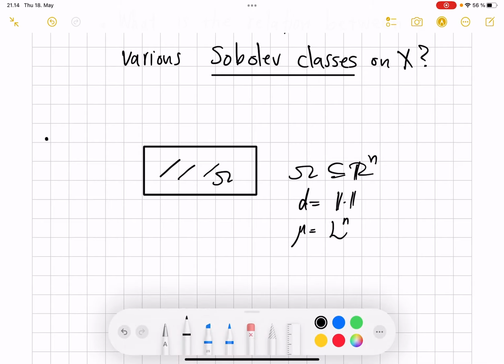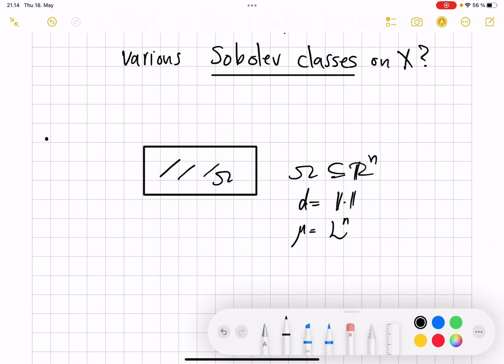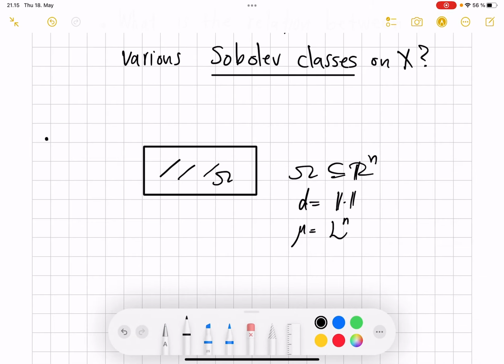So a ball in this space either will be an honest Euclidean ball, or it will be only the part of the ball that lives inside your domain. So in this case, the ball will only contain this region here.